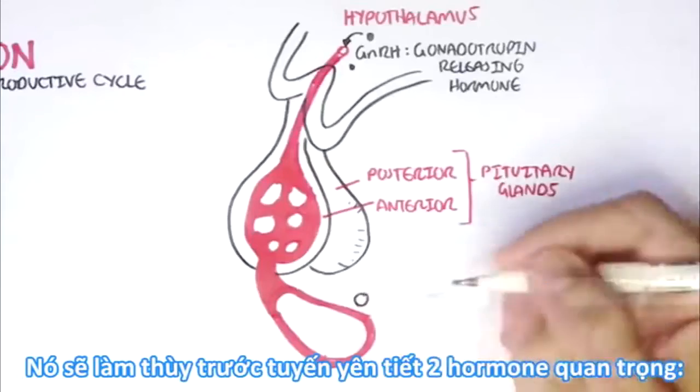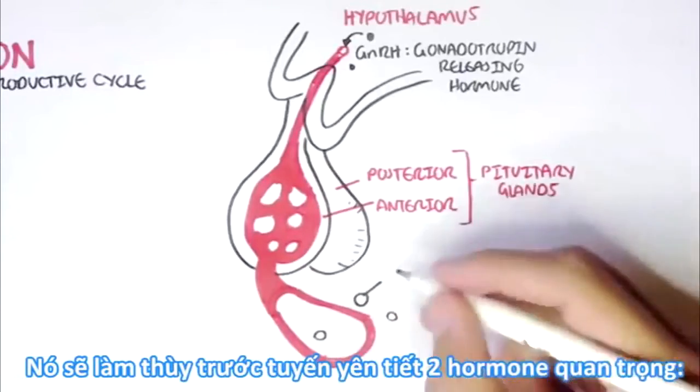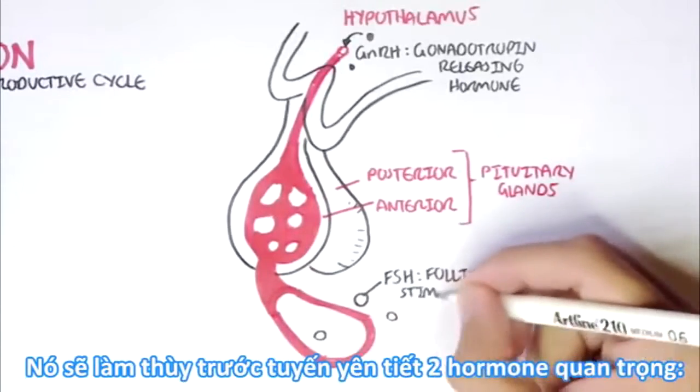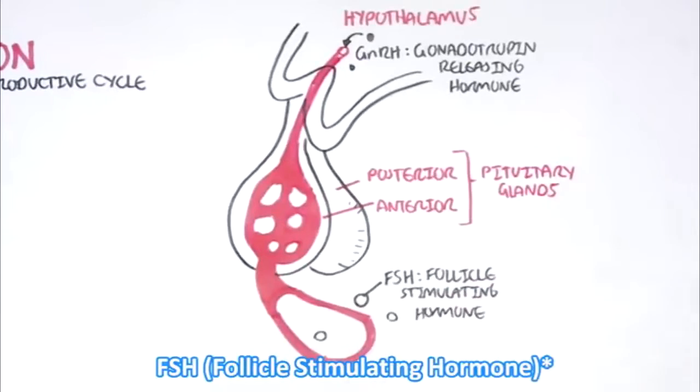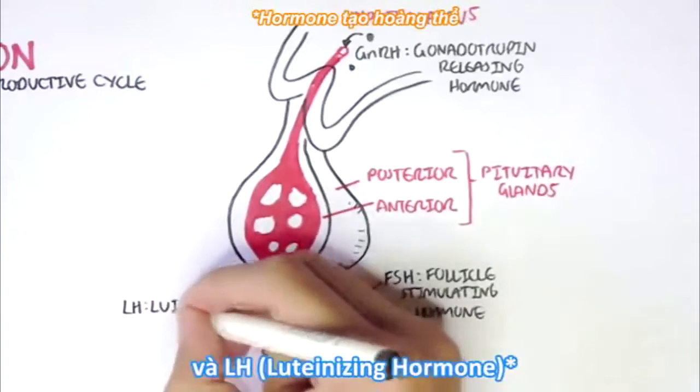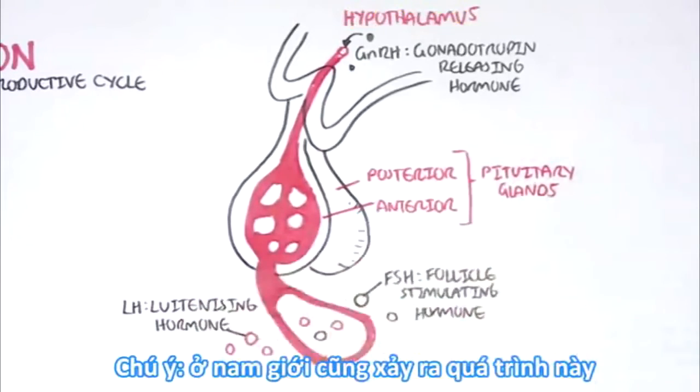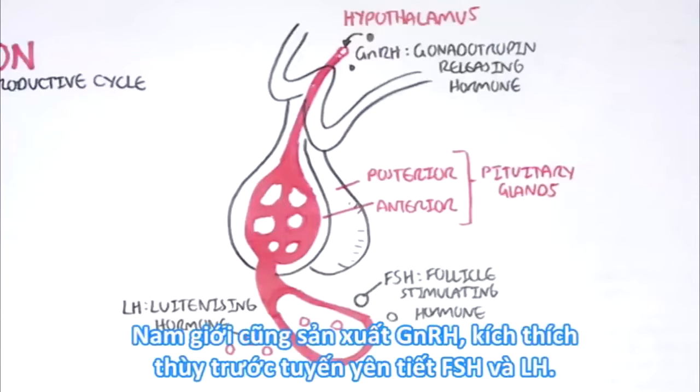And it will cause the cells in the anterior pituitary gland to produce two important hormones, known as FSH, follicle stimulating hormone, and LH, luteinizing hormone. Please note that in males, this same process also occurs. Males also produce gonadotropin-releasing hormone, which will cause the anterior pituitary to release luteinizing hormone and follicle stimulating hormone.